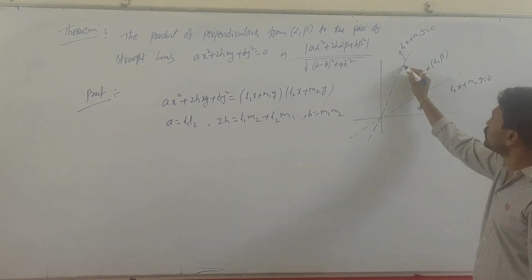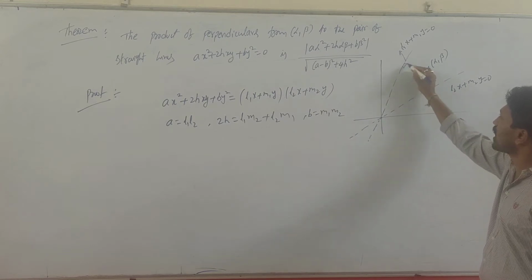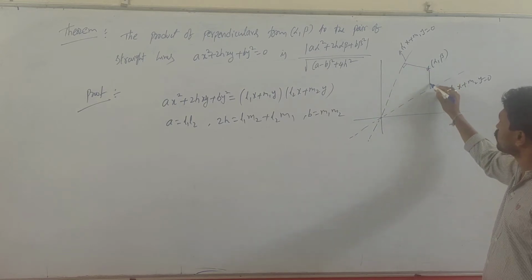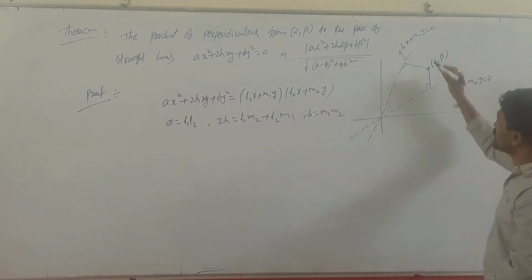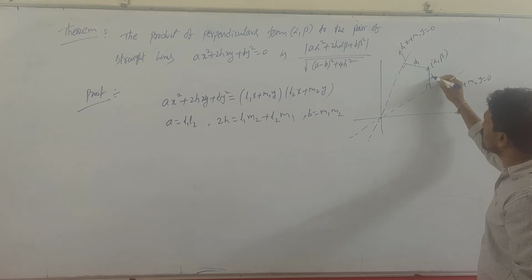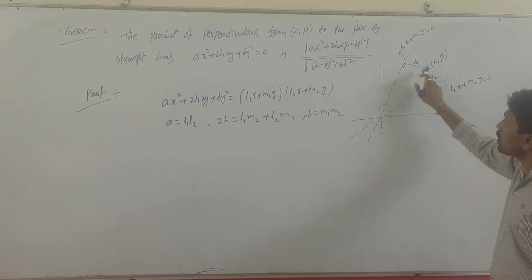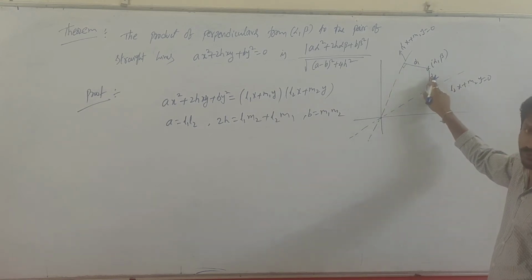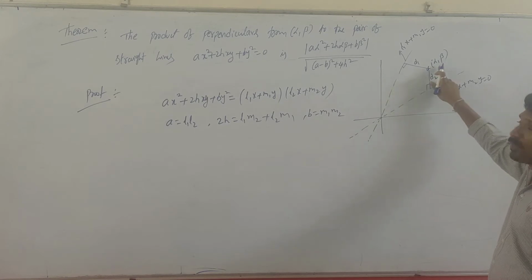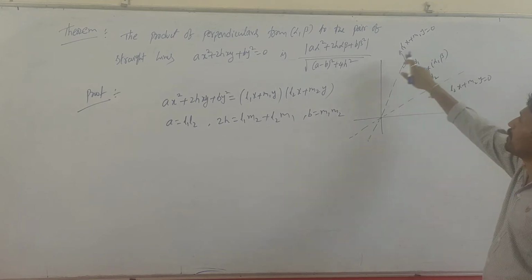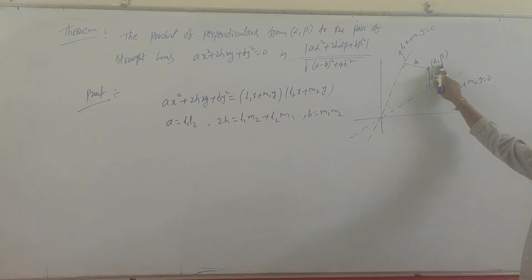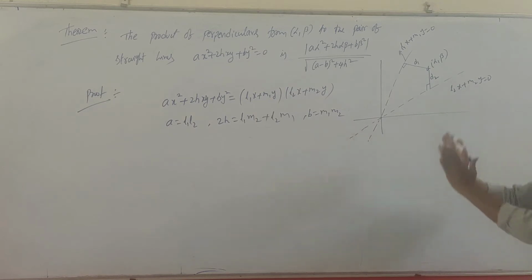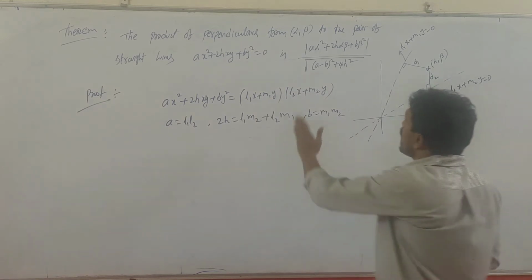From this point, you take the perpendicular to this line and the perpendicular to this line. Let us take this perpendicular as d1 and this perpendicular as d2. Here we have to find d1 times d2. d1 is the perpendicular distance from (alpha, beta) to L1x + M1y, and d2 is the perpendicular distance from (alpha, beta) to L2x + M2y. This product we have to take and show this one.